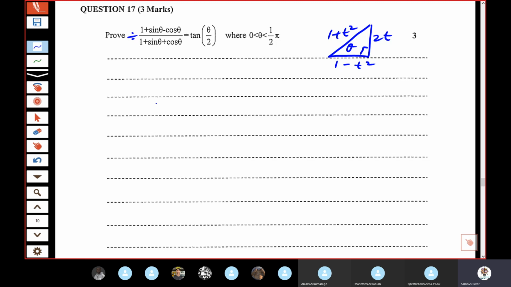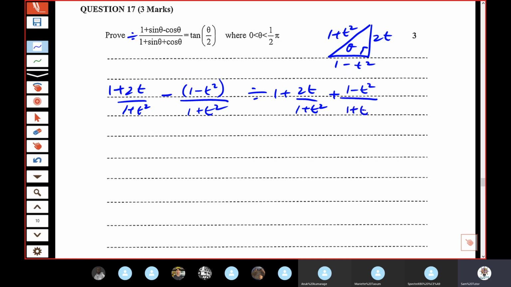Okay, my turn. 1 plus sine theta, which is opposite over hypotenuse, minus cos theta, adjacent over hypotenuse, divided by 1 plus sine plus cos, adjacent over hypotenuse.